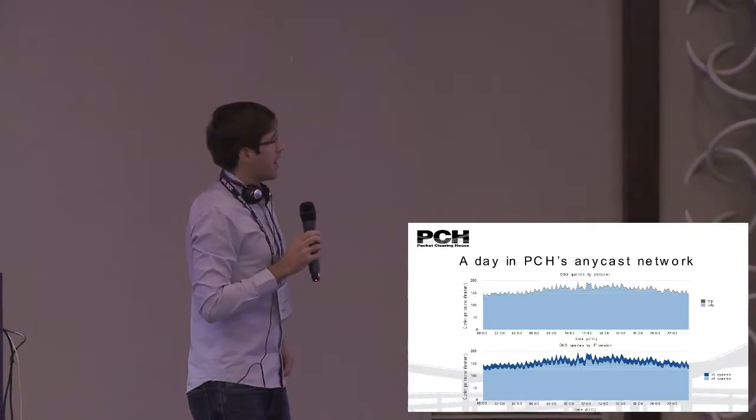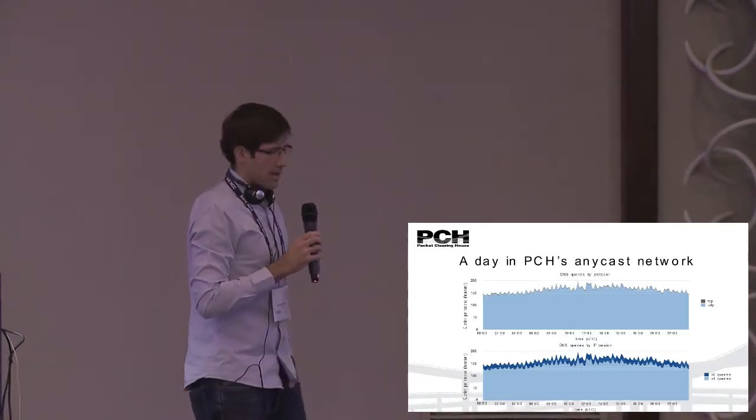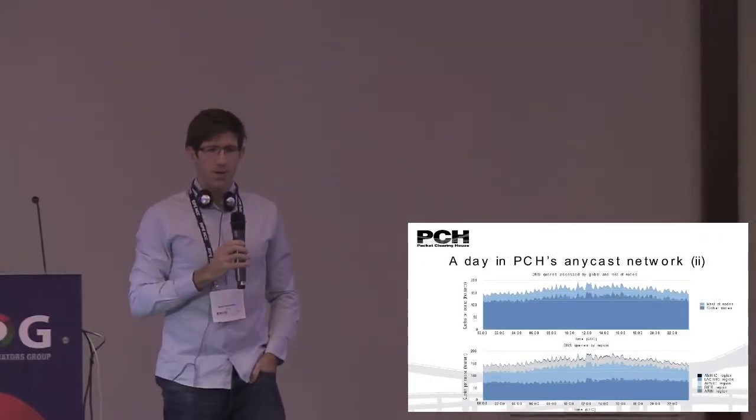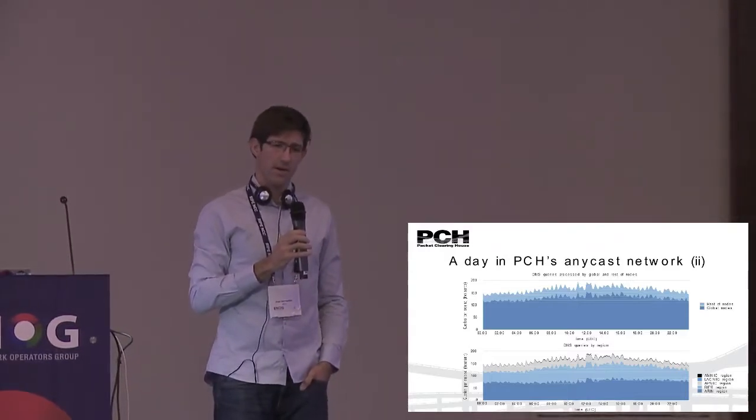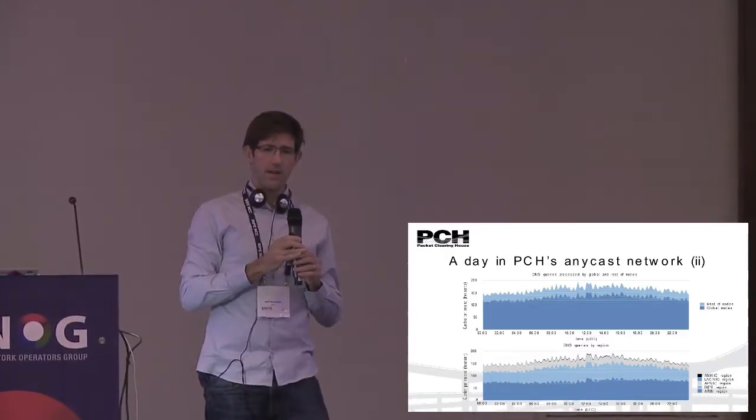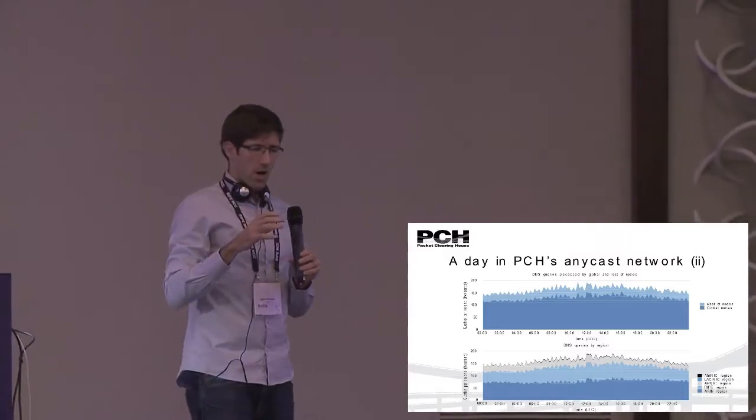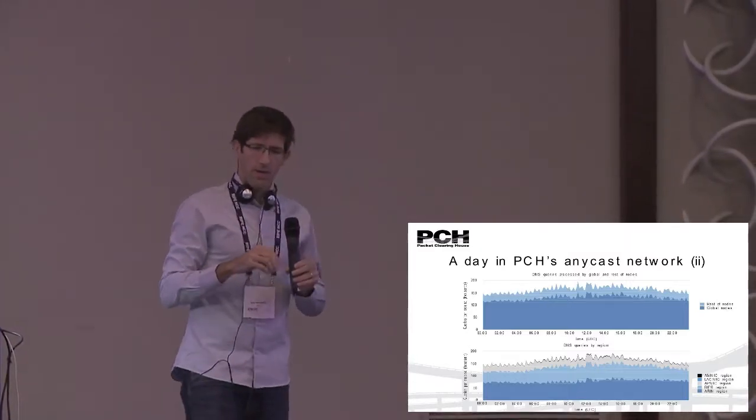Another thing: a couple of new graphs are related to the DNS queries and how they're processed in some of the global nodes and on the rest of the nodes.